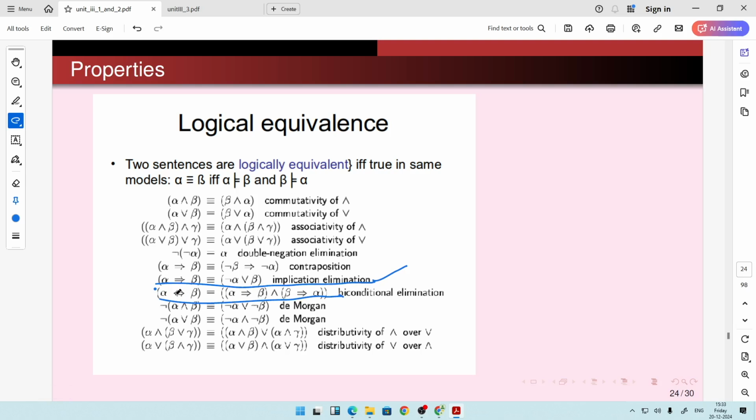How do we eliminate the biconditional? We put the equivalence in terms of implications. And not of alpha and beta is De Morgan's: alpha and beta we can convert into not alpha or not beta using De Morgan's. It is very similar to Boolean algebra, and we will also use these two. So, these last six formulas we will be using again and again in our AI.